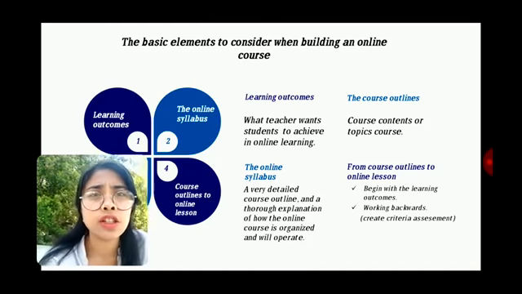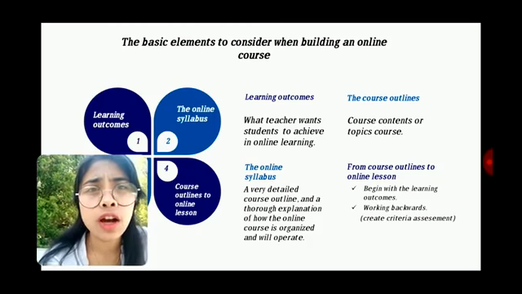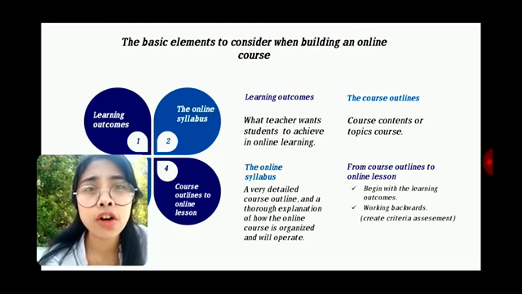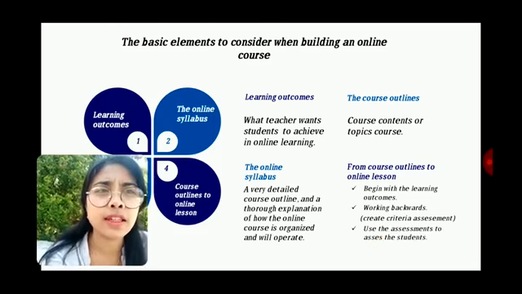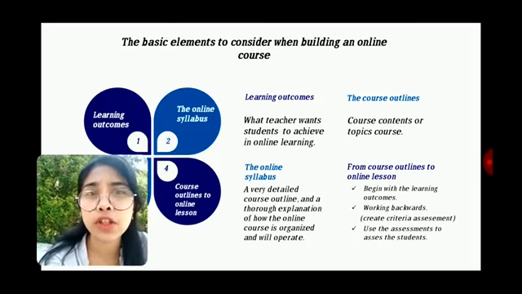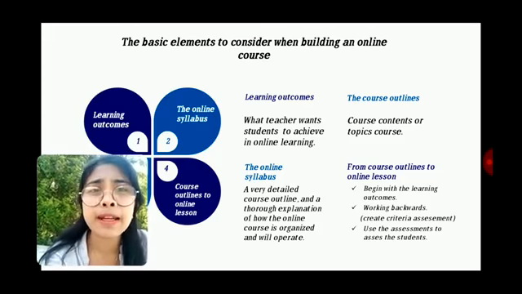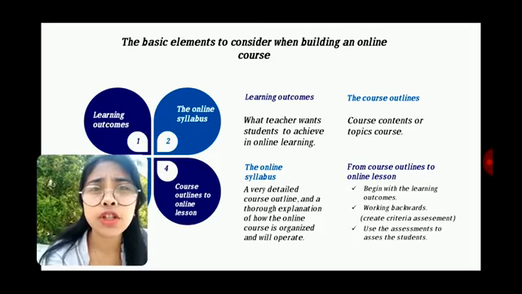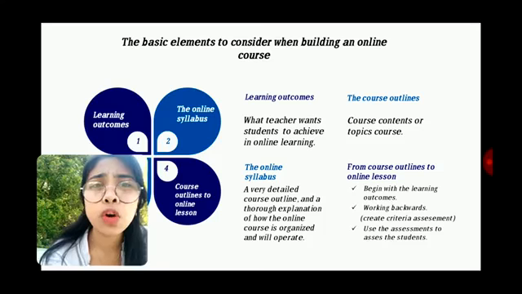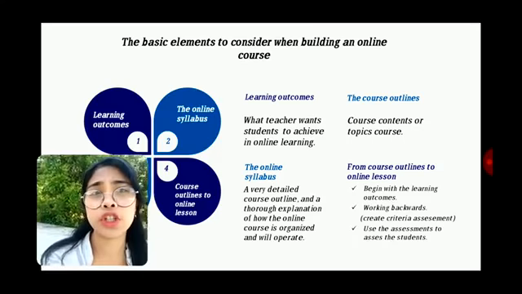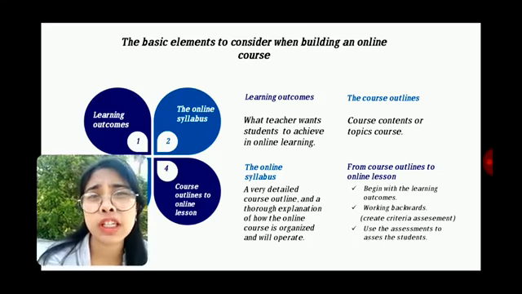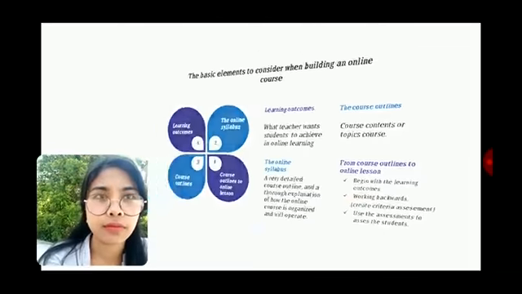In this case, the teacher should create the criteria of assessment: what the criteria are going to assess in the learning process. The last is to use assessment to assess the student, implementing assessment for the student's work, skill or knowledge in the online discussion or online learning.